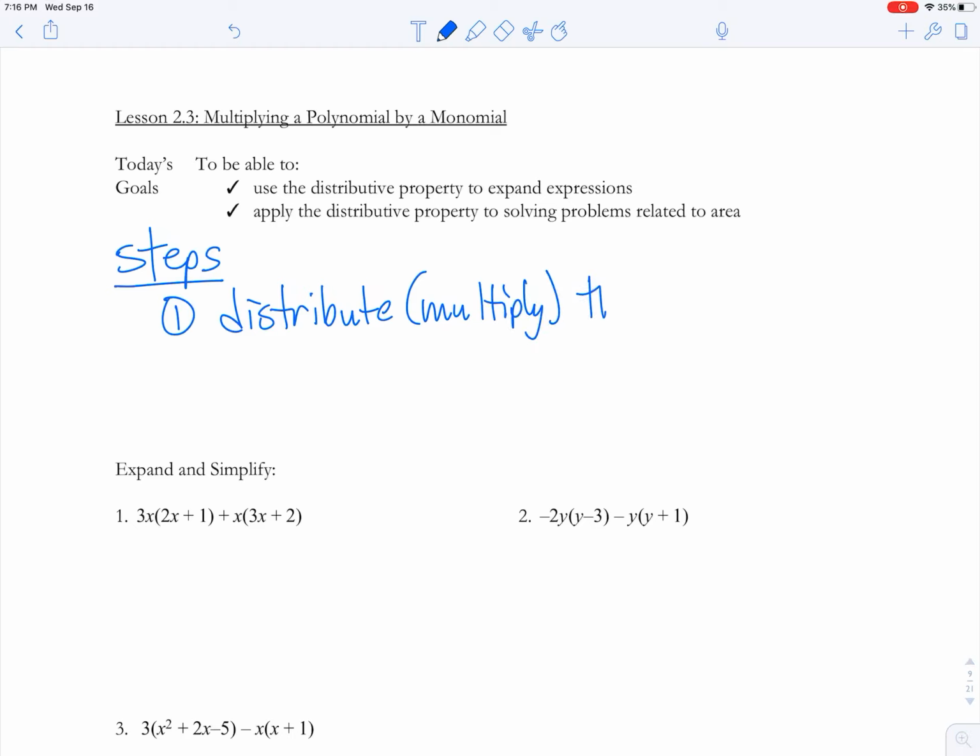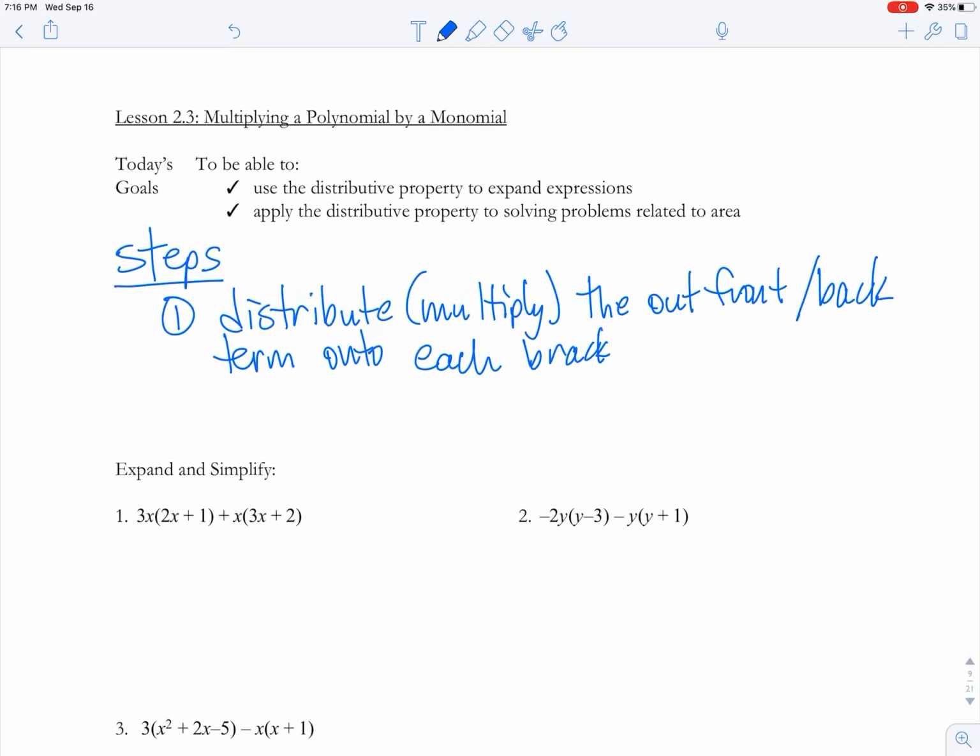Multiply the out front, or it might be out back, term onto each bracket. By doing this, we're going to get rid of the brackets.